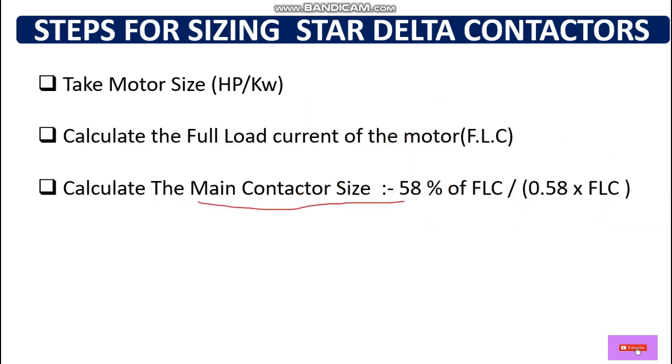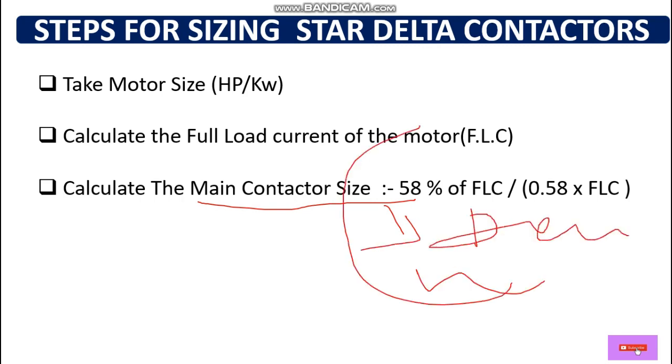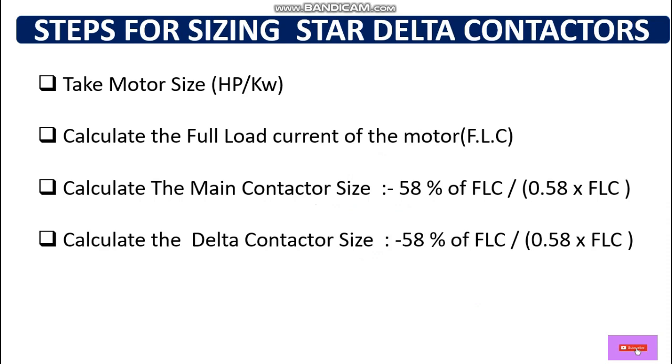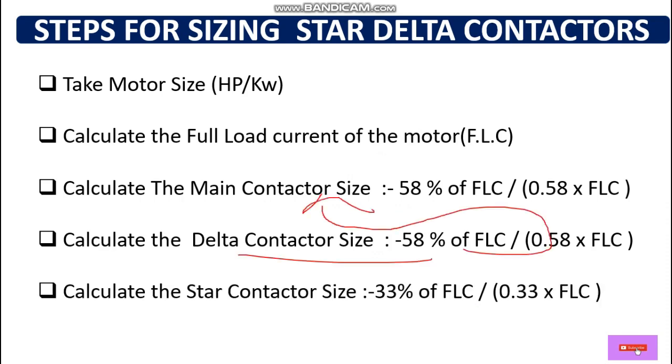Similarly, delta and main contactor sizes are the same in a star delta starter, so calculate the delta contactor same as the main contactor. Then calculate the star contactor size, which is 33% of FLC.